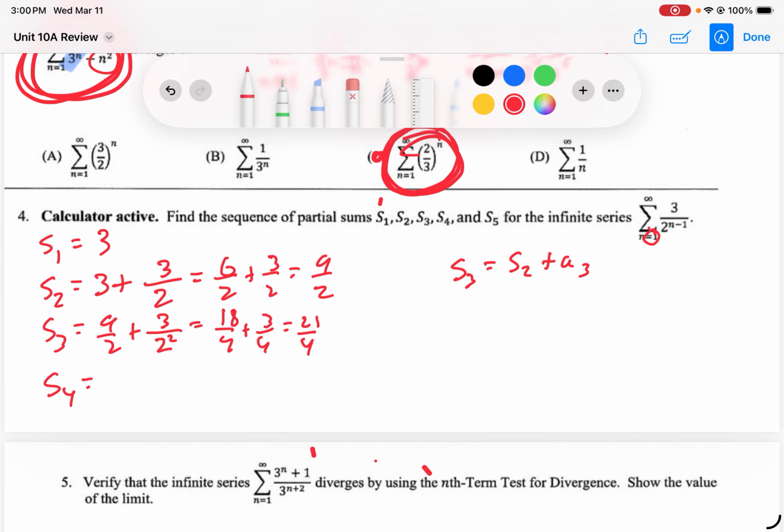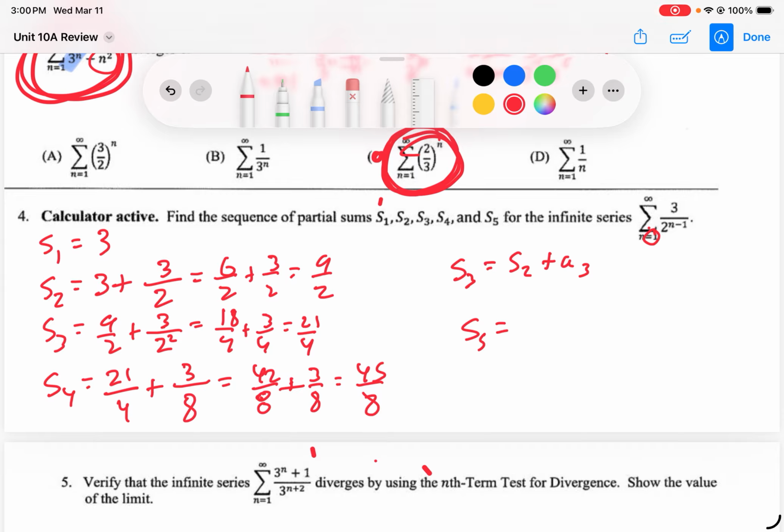I get S4 by taking S3, the partial sum with 3 terms, and adding the next term of the sequence, the fourth term, which would be 3 over 2 times 2 times 2, which is 8. Common denominators, 45 over 8.